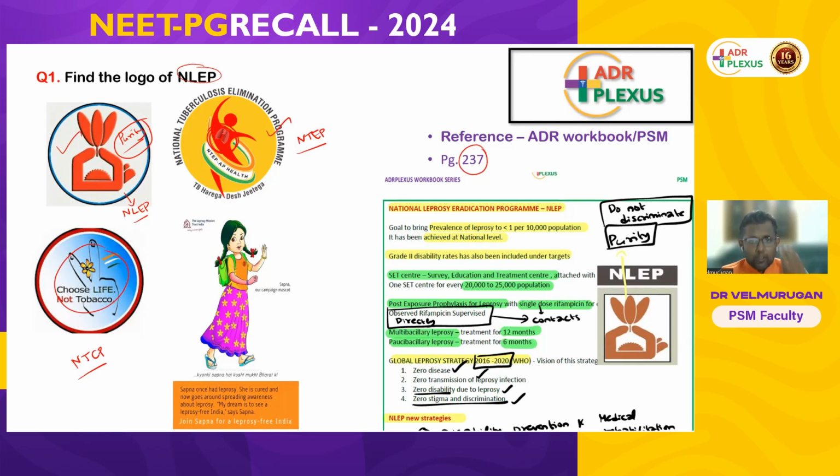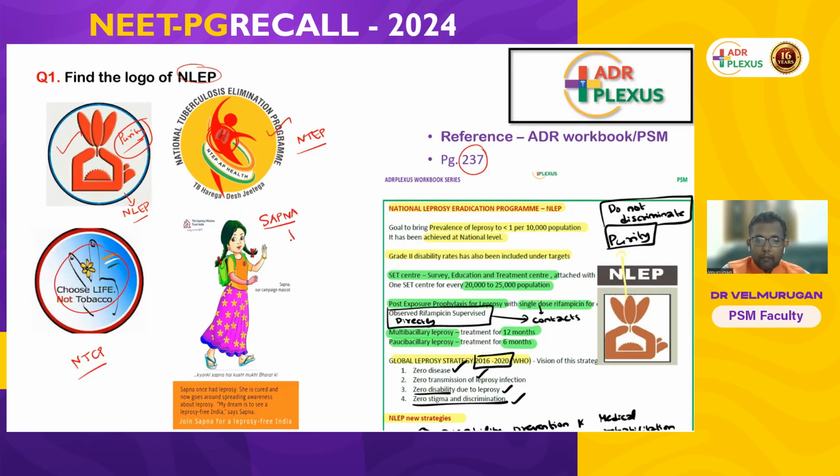Then some of the students told us they saw a school going child. There are two types of school going child. One, you can see here, this child is Sapna.